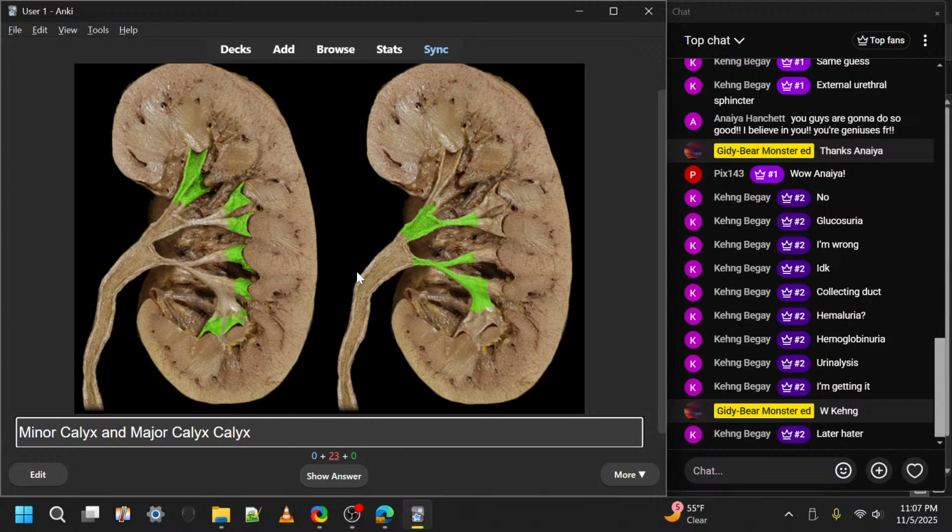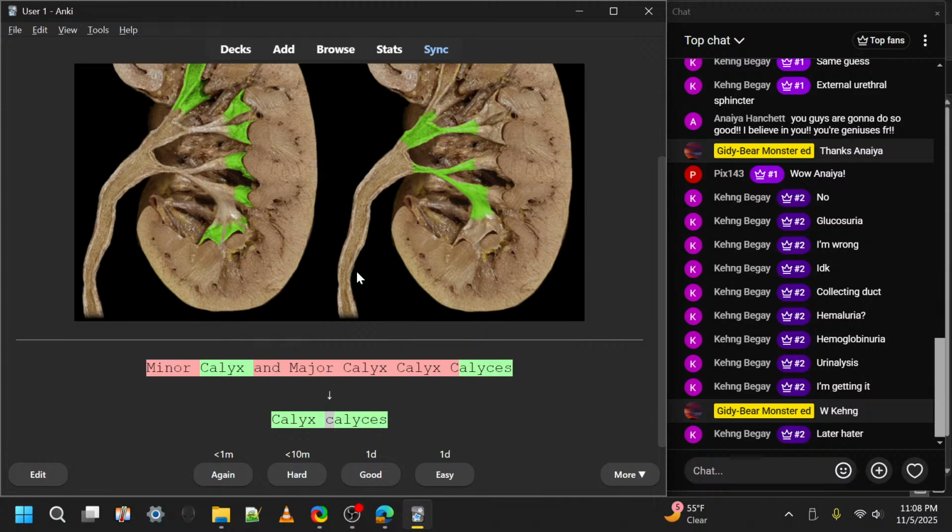Calyx or calyces. Yeah. Calyx or calyces. Nice.